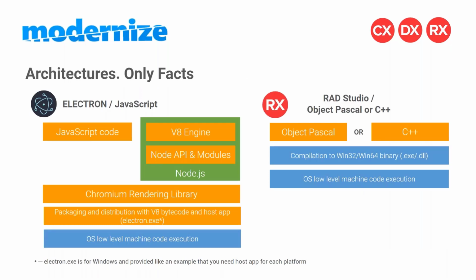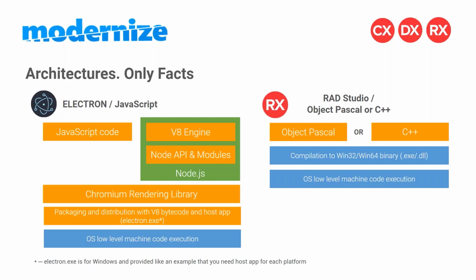This also is not a very complicated schema. What do we have for Electron? We have the JavaScript programming language, and we have the Node.js execution environment: the V8 engine, all their modules and API. This is Node.js, which you install on your local machine.